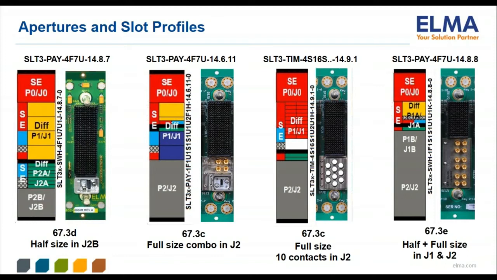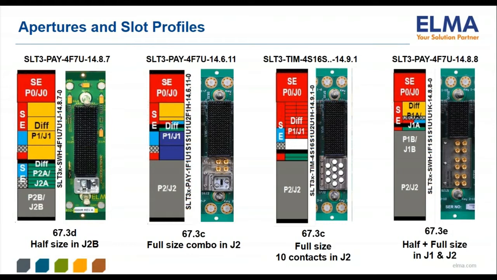You'll see that the photo shows that position is filled with an MT optical module, a half-size module. The second and third pair of images are both for slot profiles containing full-size VITA 67.3C apertures. In these two examples, the VITA 67.3C replaces the J2 connector in a 3U slot profile.